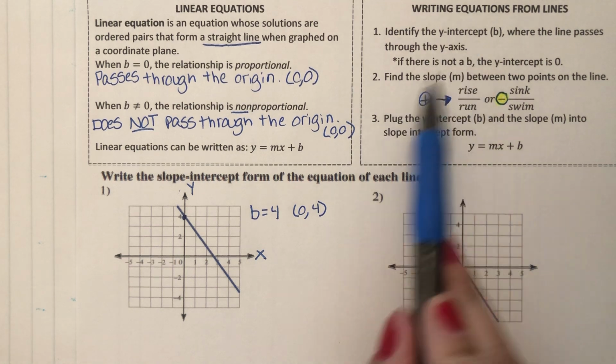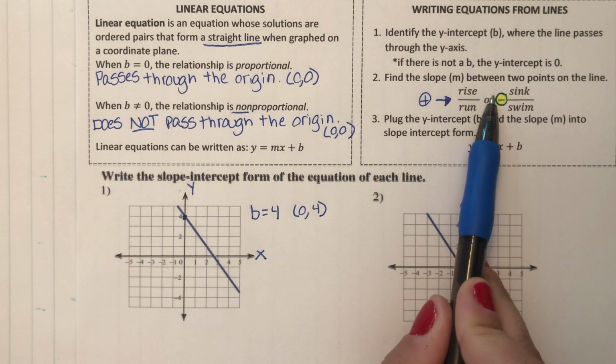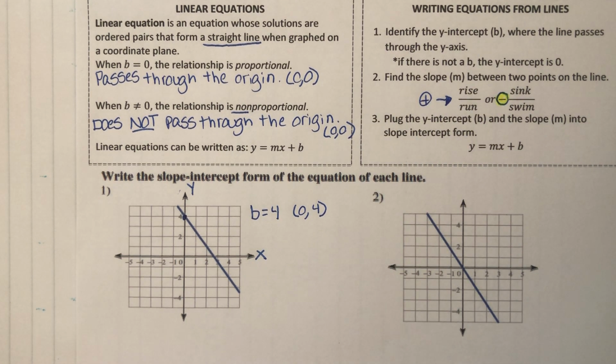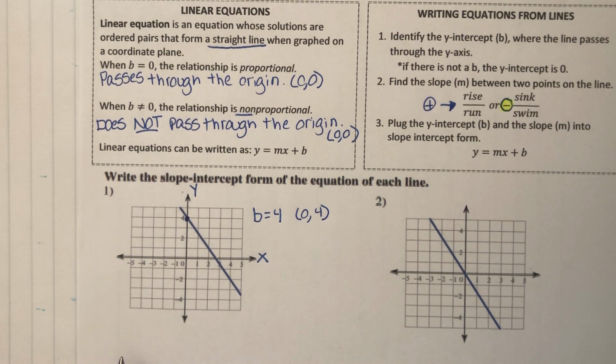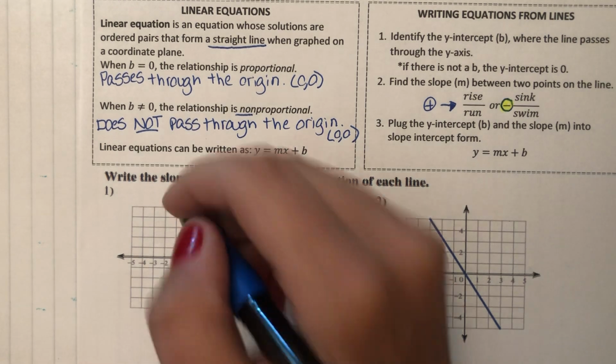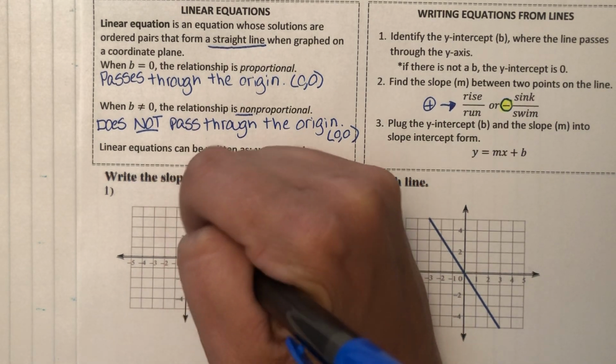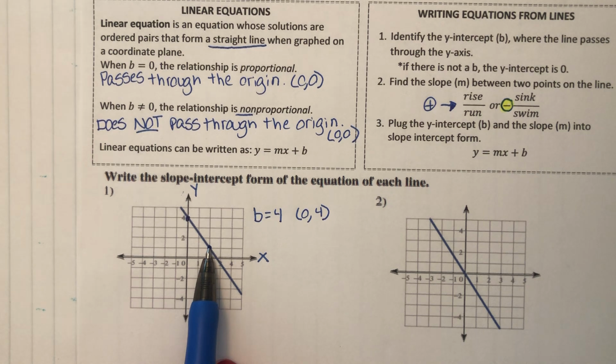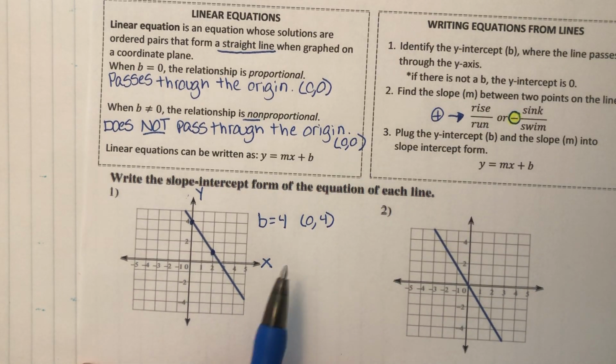Okay, so we did our first step. We found our y-intercept. Now we need to find the slope. In order to find the slope, we need 2 points to calculate that. So I need to find another point on my graph. I want to find a nice integer so that it's easy for me to calculate. I know that this is a point right here. It's passing through all 4 corners, so that's a nice whole number for me to work with.